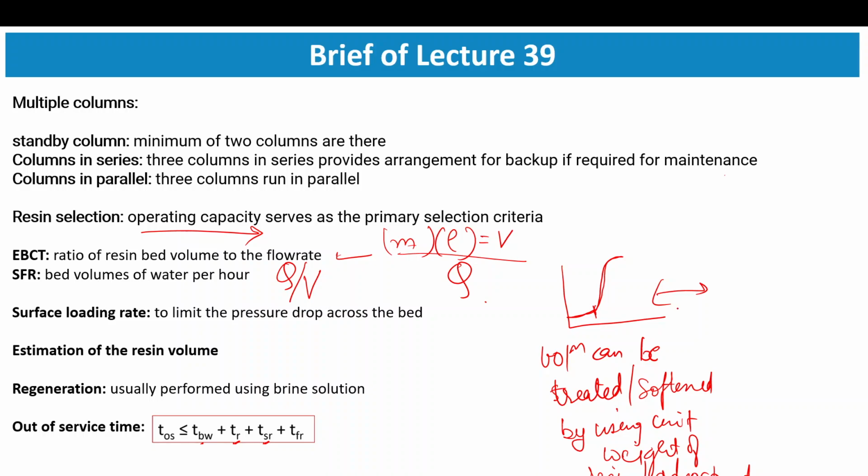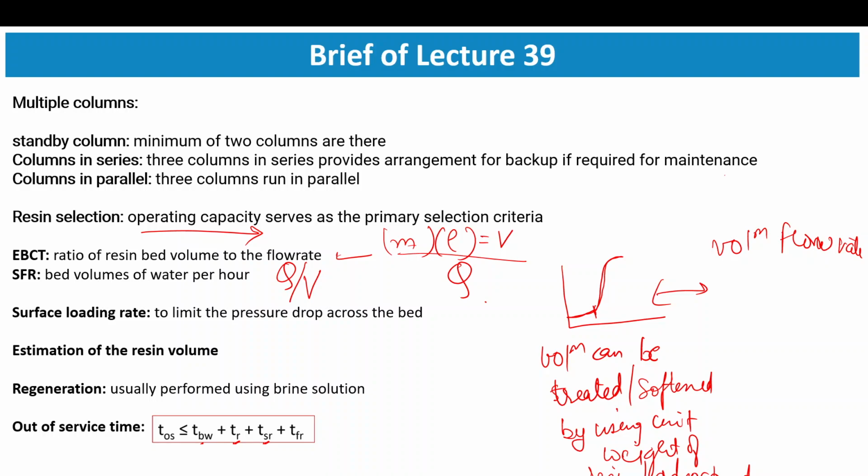For industries, from this you know how much volume can be treated, and you know the volumetric flow rate, which means how much volume you need to treat per unit time.